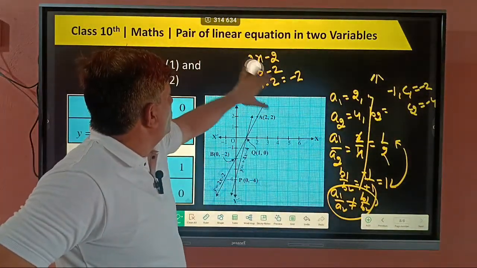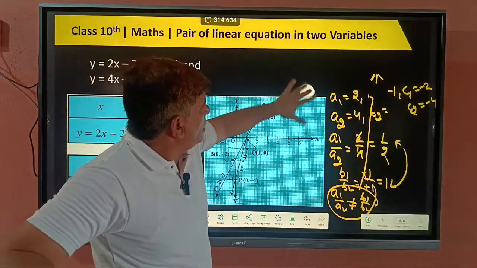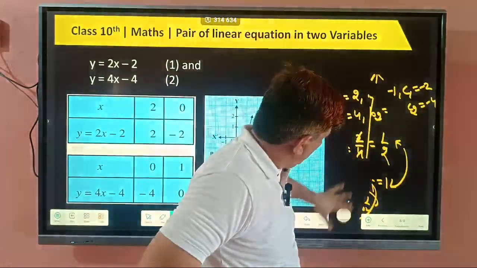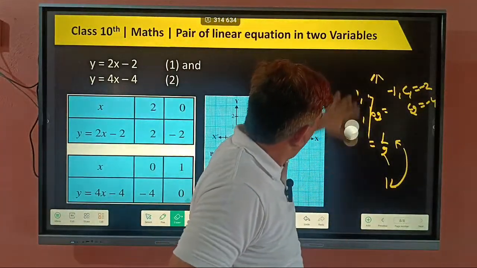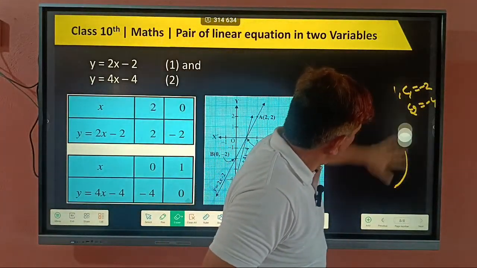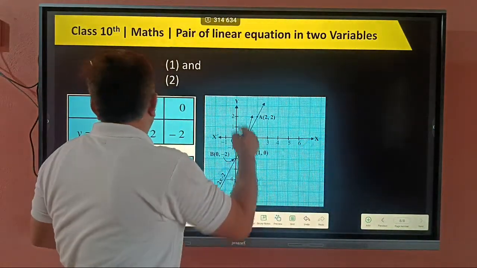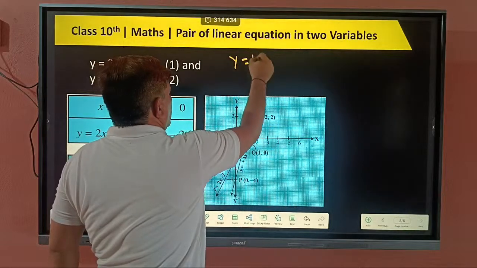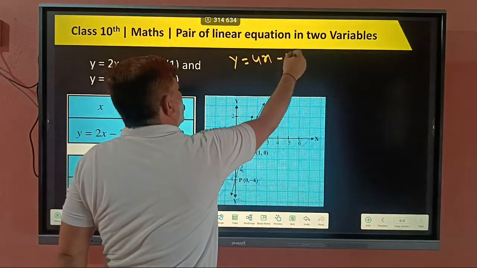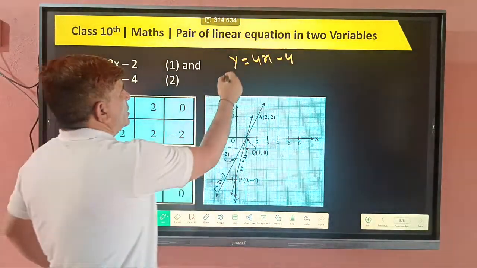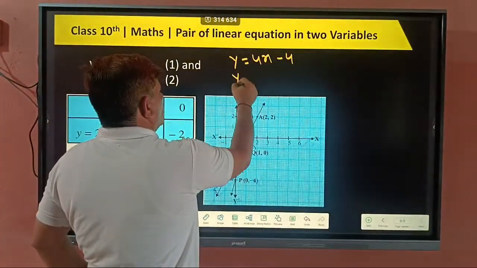Then another one you can take, in this way. y equal to 4x minus 4. So the same values we can take. One time we can take x equal to 0.